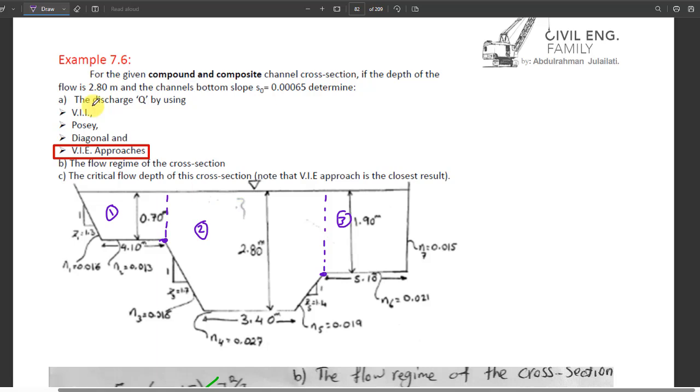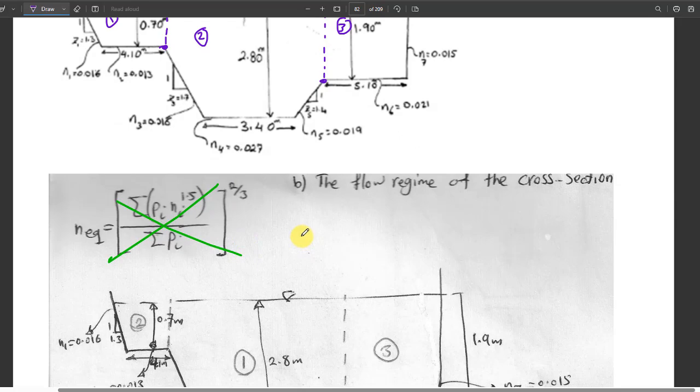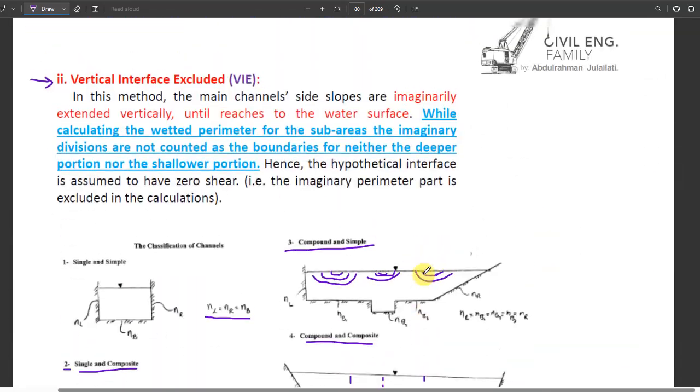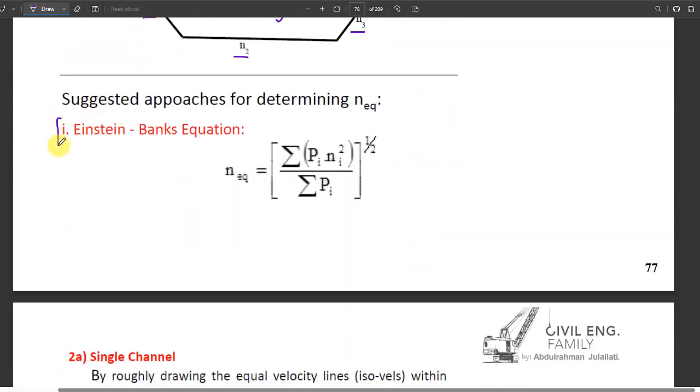Because we need only one value for each sub-channel, which is 1, 2 and 3, we need only one answer of n. That's why we need an n equivalent, and it will be calculated using the Einstein method, which was discussed here. This is the Einstein-Banks equation, Einstein the son, not the main Einstein who worked on physics, but the one who worked on hydraulics.